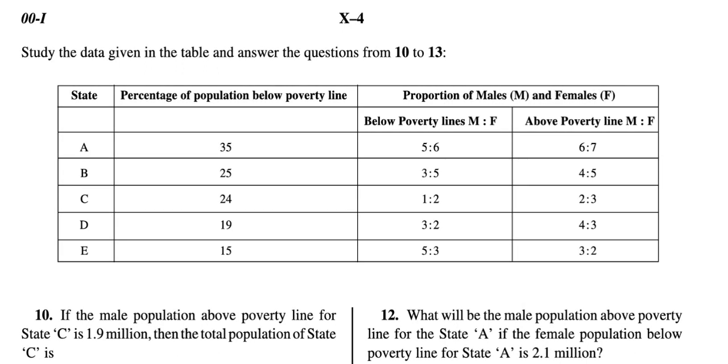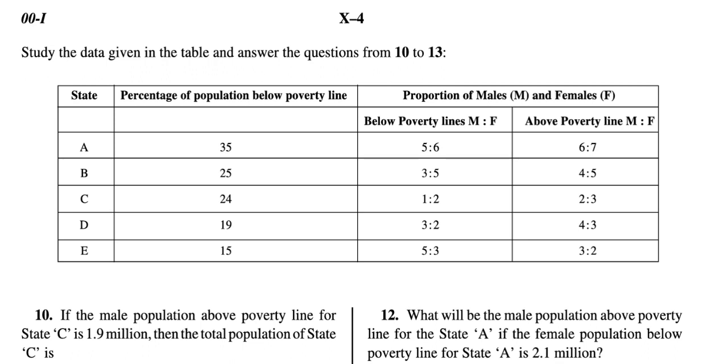Study the data given in the table and answer the questions from 10 to 13. 3 questions are asked. In first box we have state A, B, C, D, E, and in second box we have percentage of population below poverty line, 35, 25, 24, 19, 15, and then in third and fourth box we have one option.